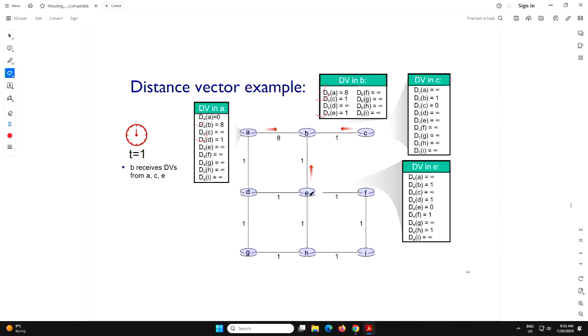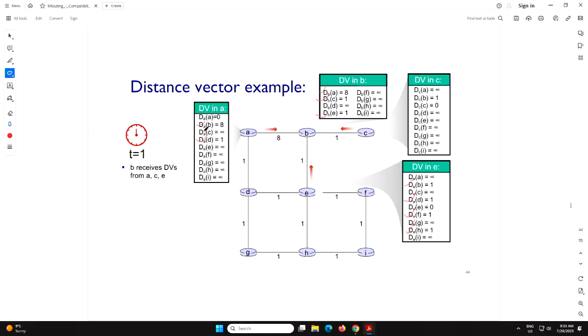And E has 4 entries: it can go to B with 1, it can go to D with 1, it can go to F with 1, and it can go to H with 1, right? So E has 4 neighbors, as you can see. That's why it has 4 entries. B has 3 neighbors, so it has 3 entries.